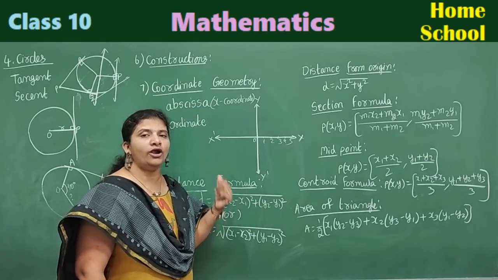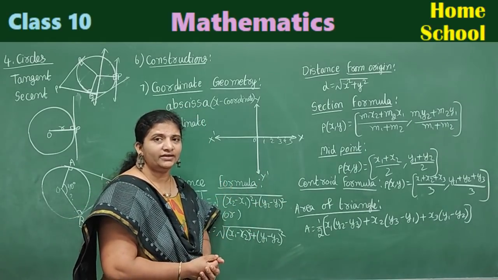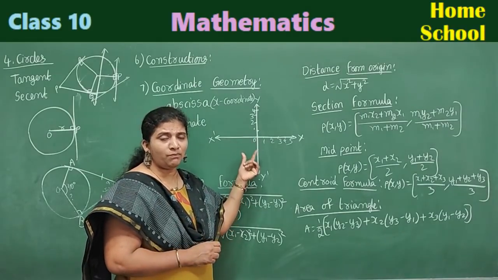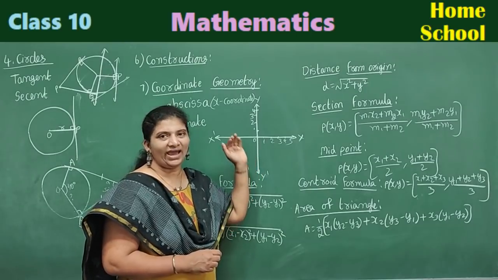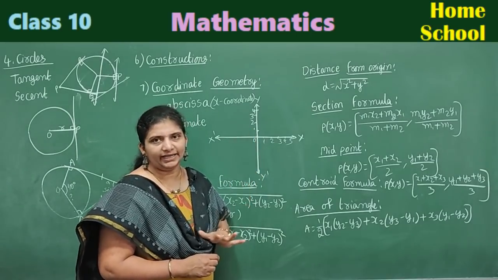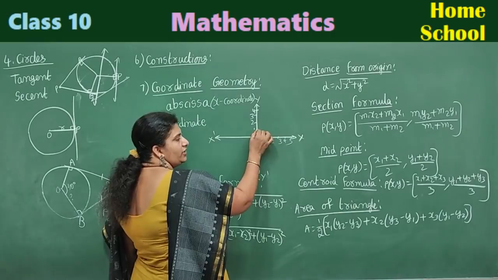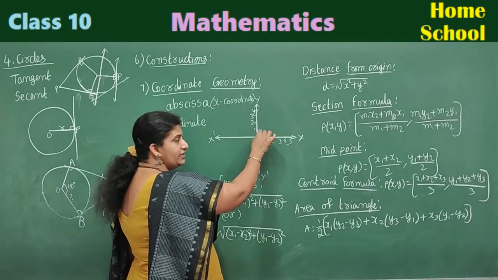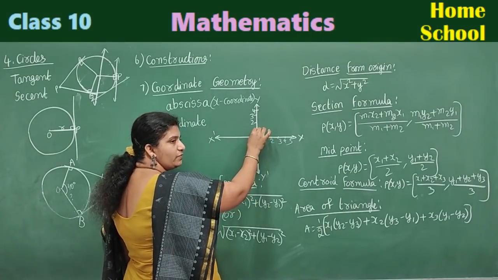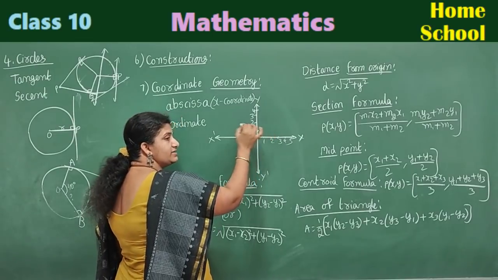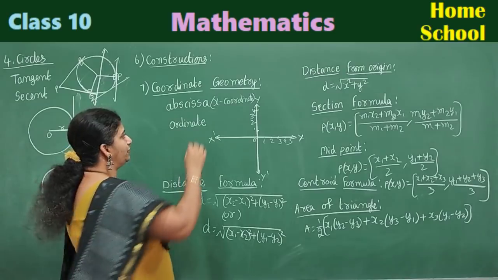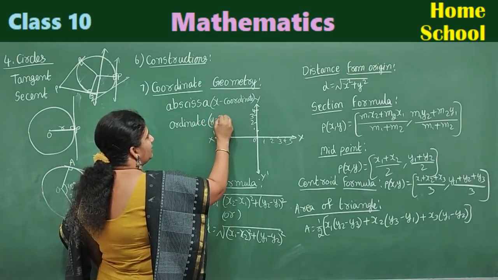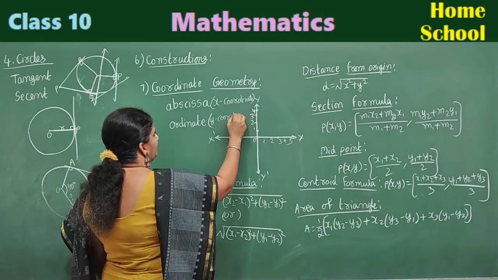Then coming to ordinate. What is ordinate? Distance of any point from the x-axis is called the y coordinate or ordinate. Look here, from here to here it is 1 unit. Distance from the x-axis is 1 unit, and this is called the y coordinate value or ordinate value. Ordinate is nothing but the y coordinate.